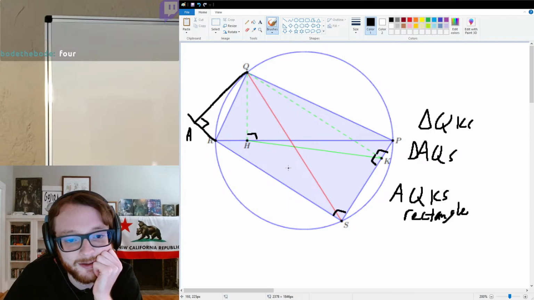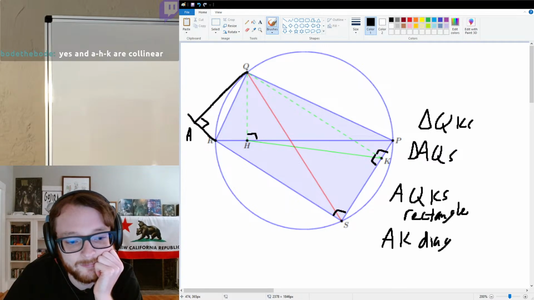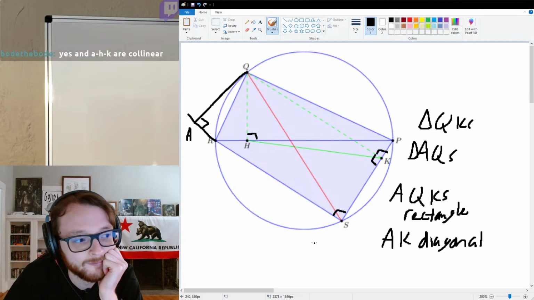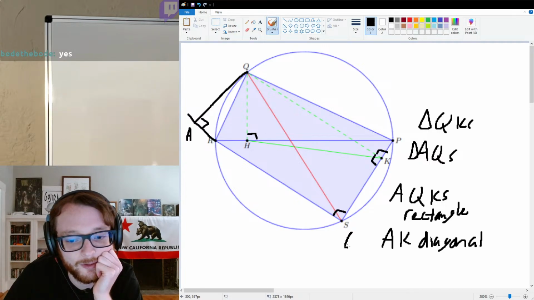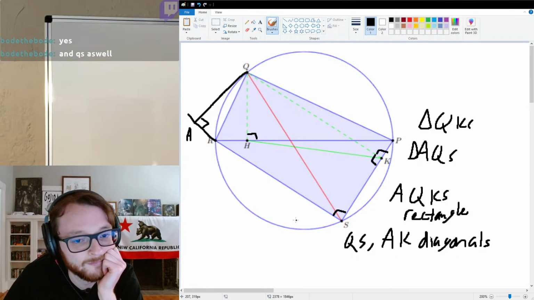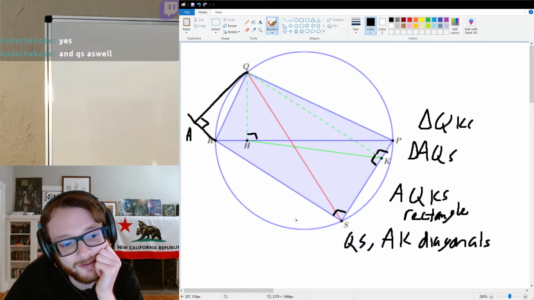And AH and K are collinear. So AK is a diagonal of the rectangle? And QS, okay, yeah. And they bisect each other? Because it's a rectangle.